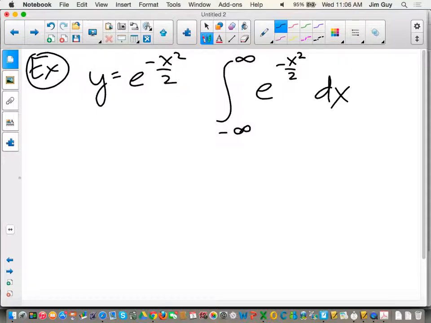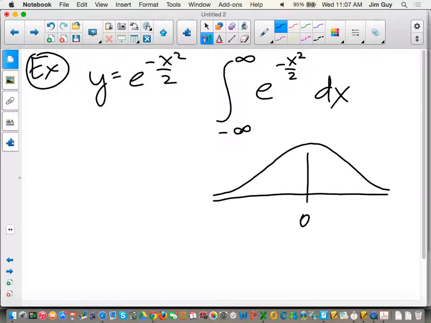At some point you've got to start appreciating this. This is pretty cool. I mean, think about this. If I graph this out, guess what it looks like? Wow. Beautiful. Does that look familiar? Yeah, it's a normal distribution. It's the normal curve.